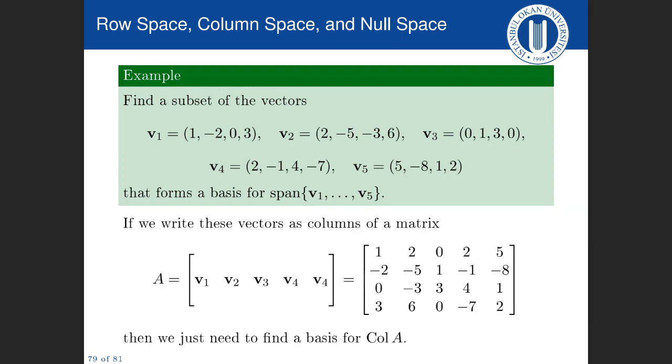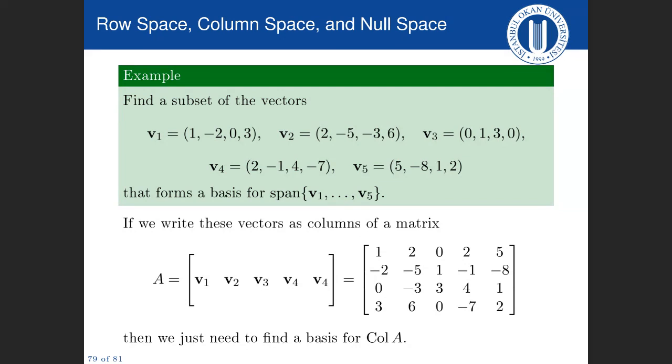Now, if we write these vectors as columns of a matrix, then instead of looking at the span of V1 up to V5, we can instead just look at the column space of A. The span of these 5 vectors, if we think of them as column vectors, is the same as the column space of A, because the column space of A is the span of the column vectors of a matrix.